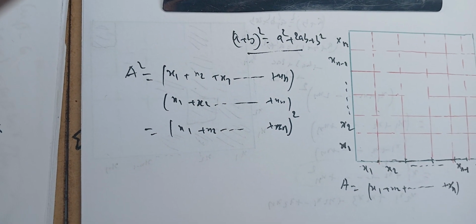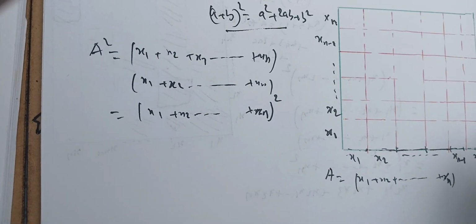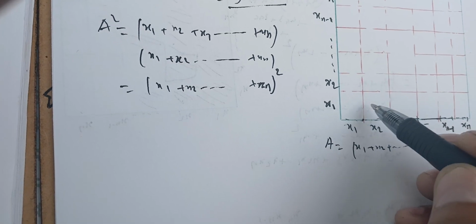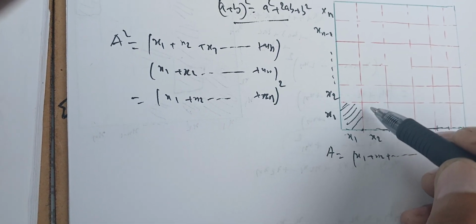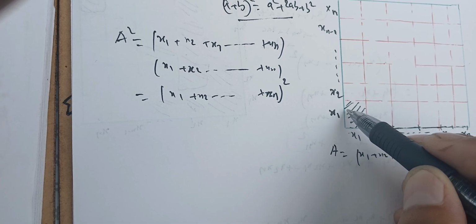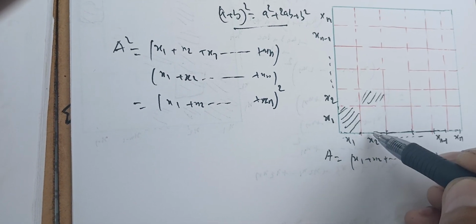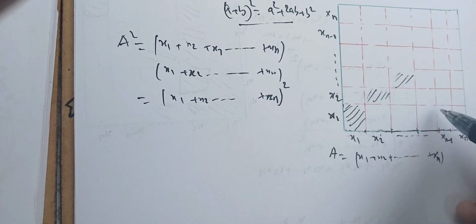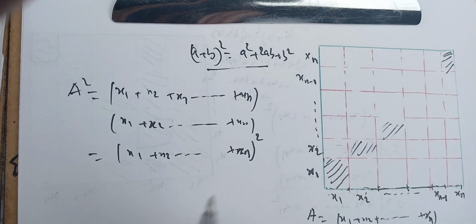This is the area, but we can think of it another way. We can think of it as summing the area of these rectangles and squares. Here we have a square because its side length is x1. Here we have a square because it's x2 by x2, and here we have x3 by x3, and the last one we have xn by xn.